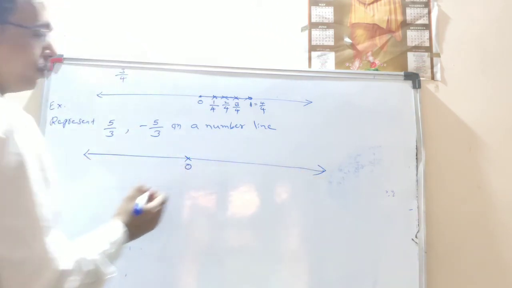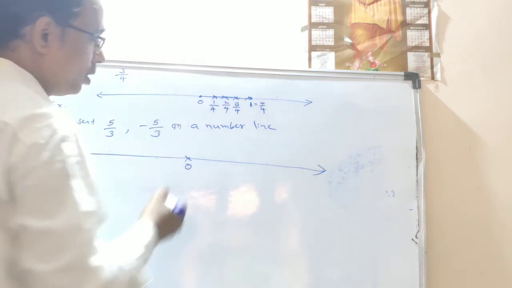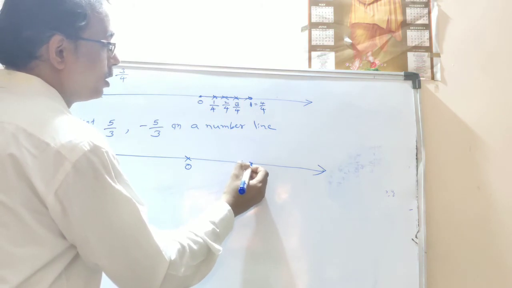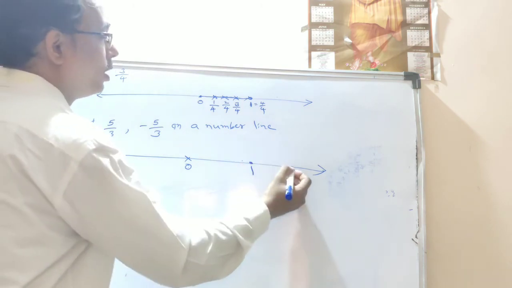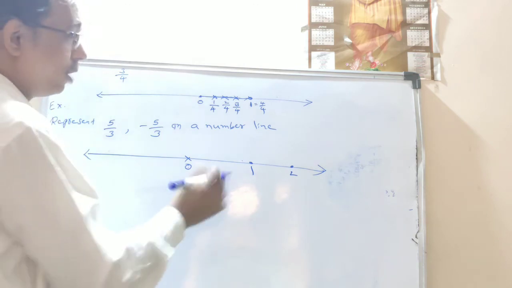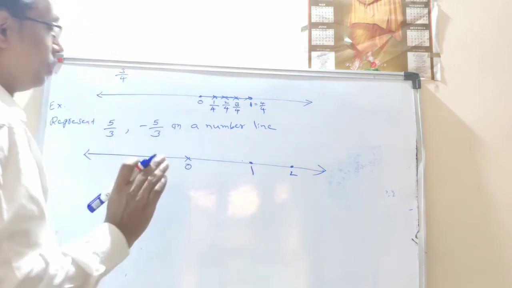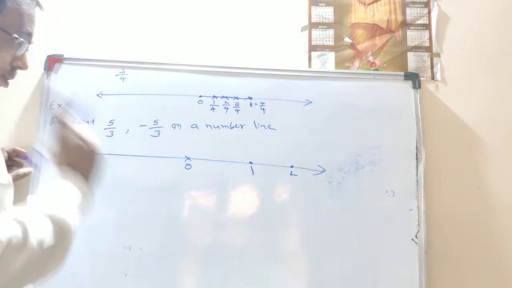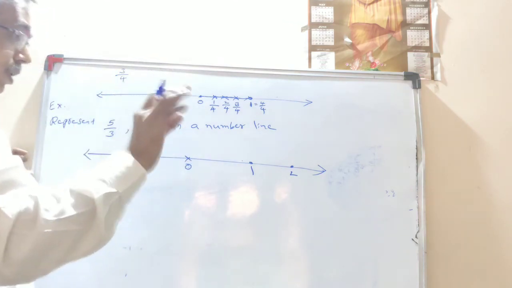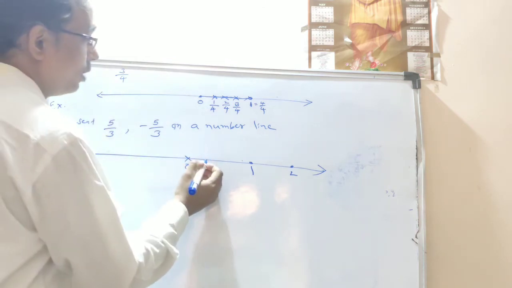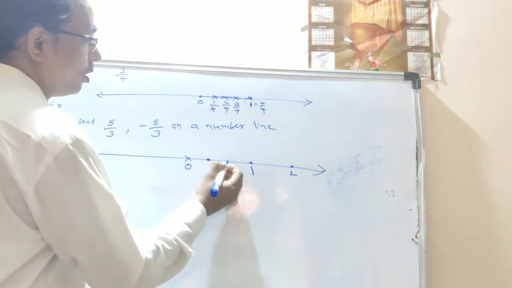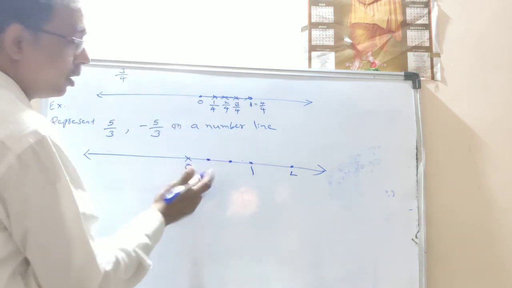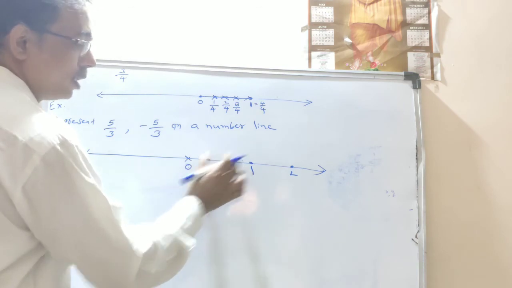Keep 0, make a point on that 0, and now again select 1, and again up to 2. Let us see why I am taking up to 2. First of all, divide 0 to 1, that 1 unit, into 3 equal parts. For that we need just 2 points: 1, 2, 3. So here there are 3 parts.